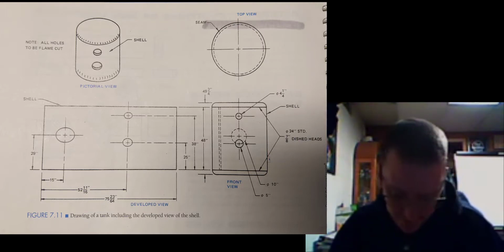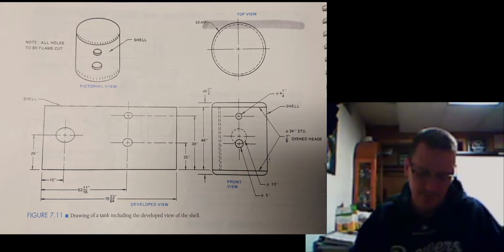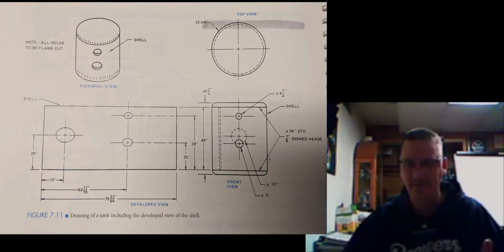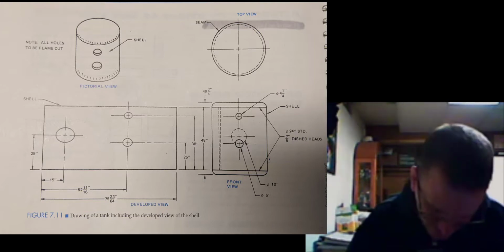I need this developed view. Okay, now you do notice that in figure 7.11, look at the holes, they're kind of egg-shaped. That's because it is flattened out, and in the front view, they do become rounded.